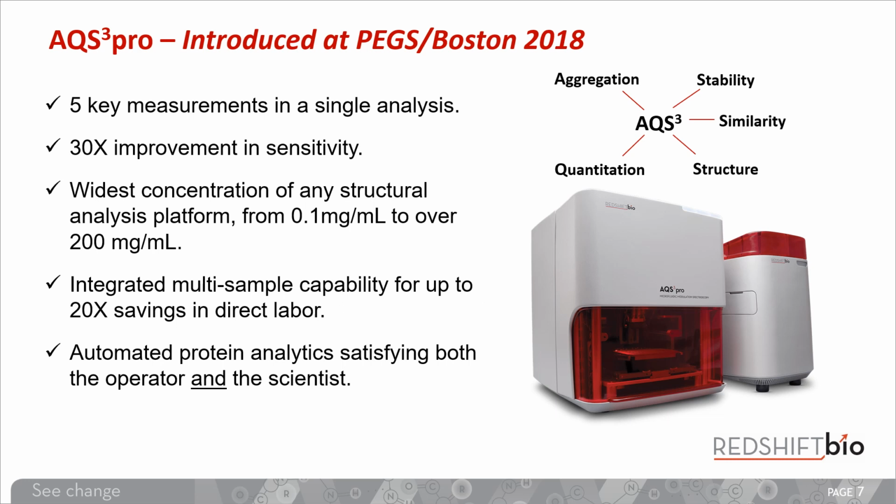It has an integrated multi-sample capability with walk-away operation for up to a 20x savings in direct labor costs, and includes an automated protein analytics software suite, which satisfies the ease of use and detailed analysis requirements for both the operator and the scientist.